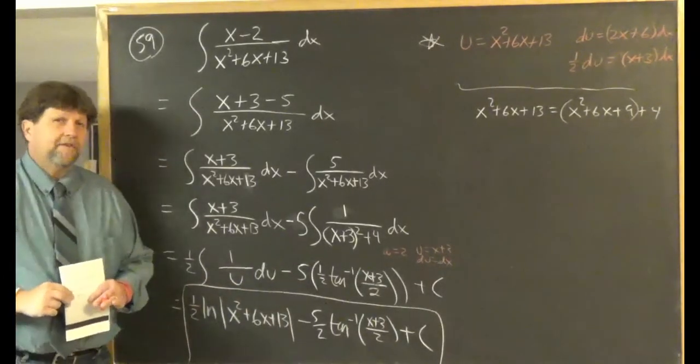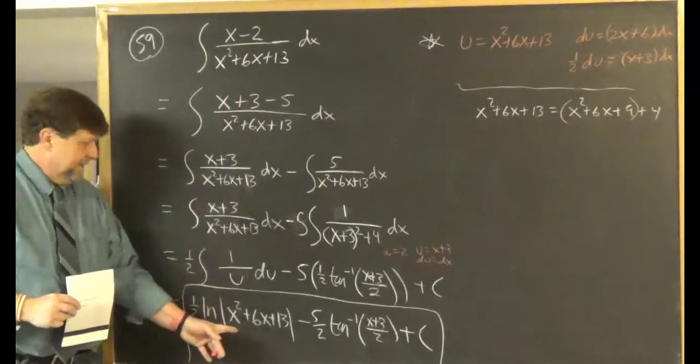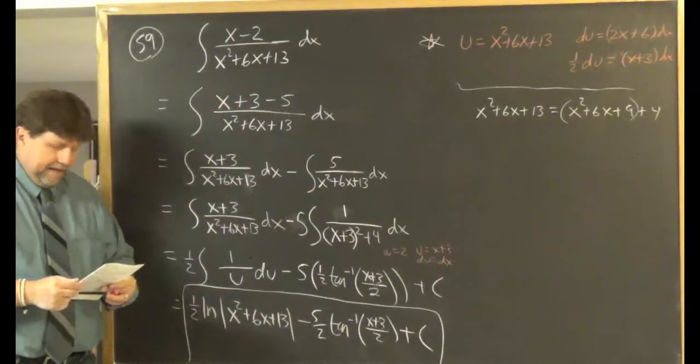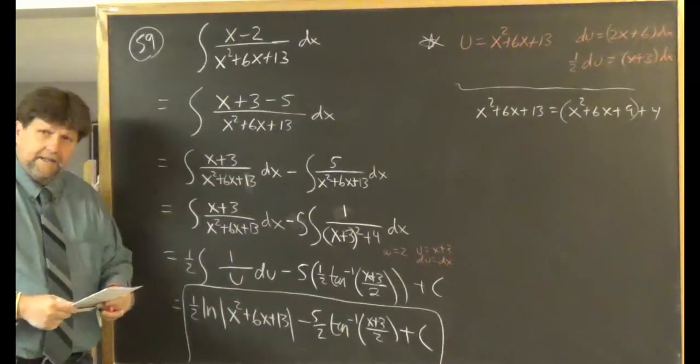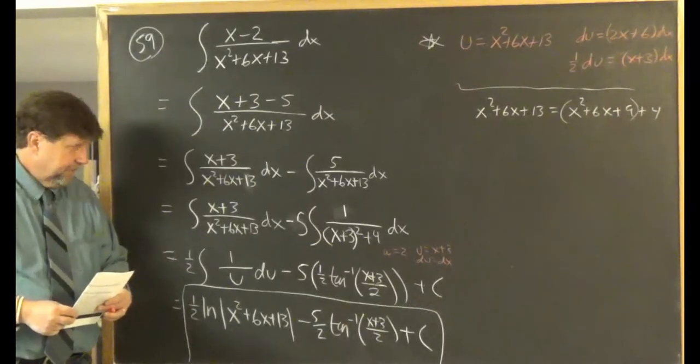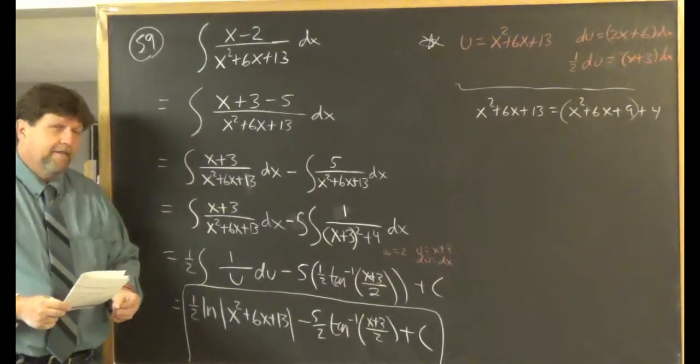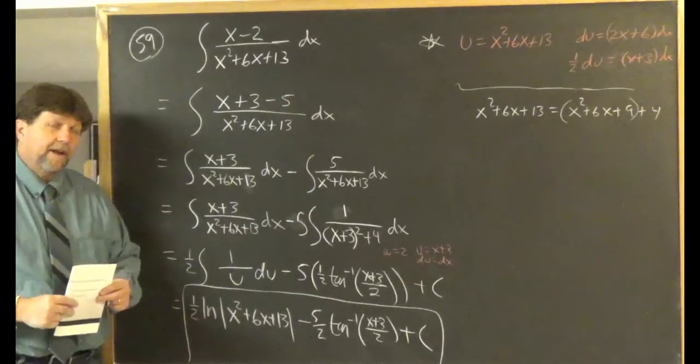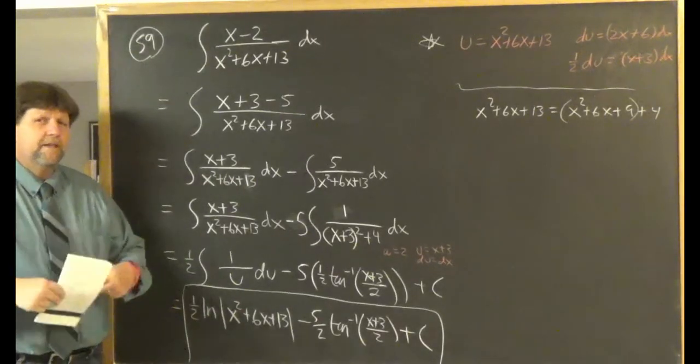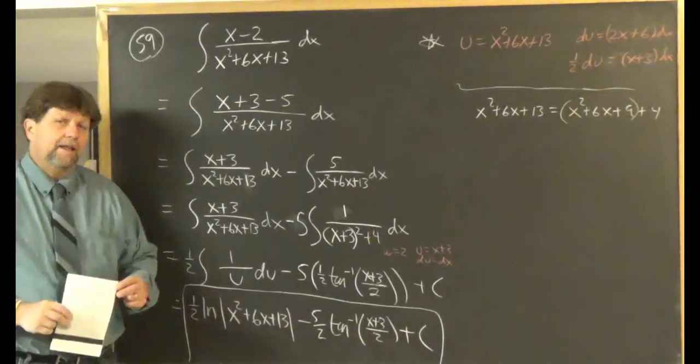And that's number 59. This ends up with that mess as an antiderivative. To be creative on that one, I was legally creative and employed things that I had learned along the way in this section.